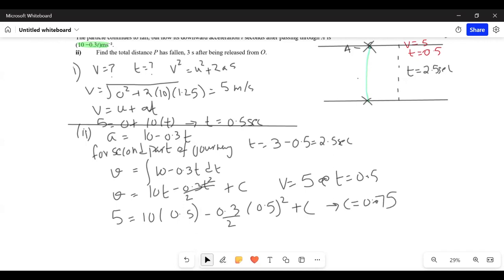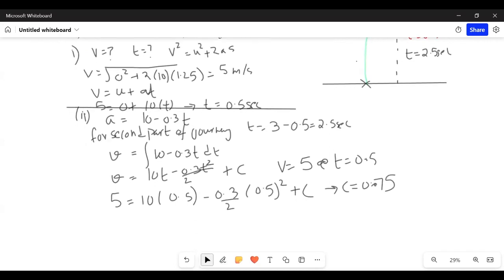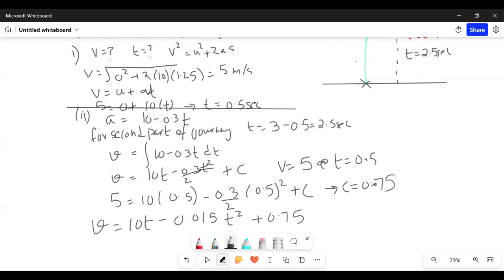So now we have an expression for velocity, which is 10t minus 0.015 t square plus 0.75. ये आ गया velocity का expression.